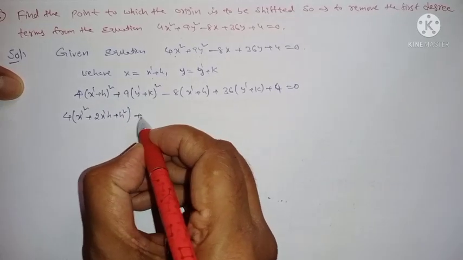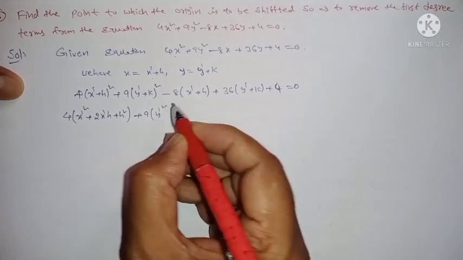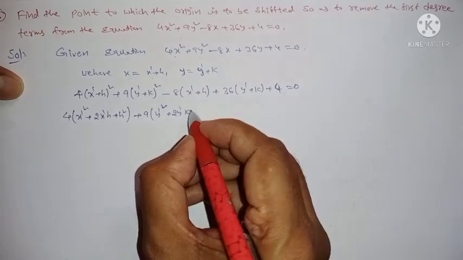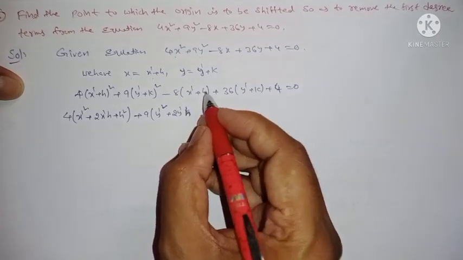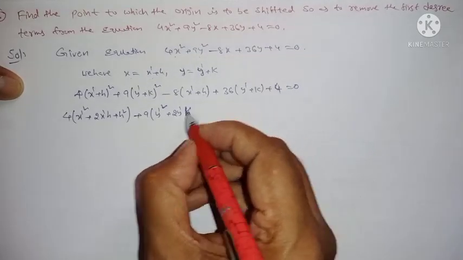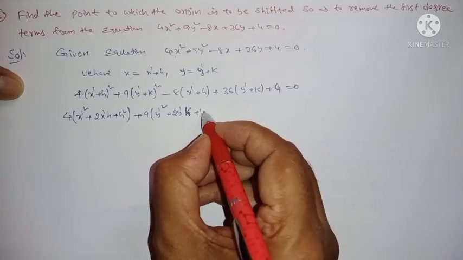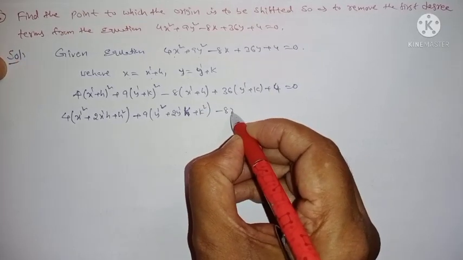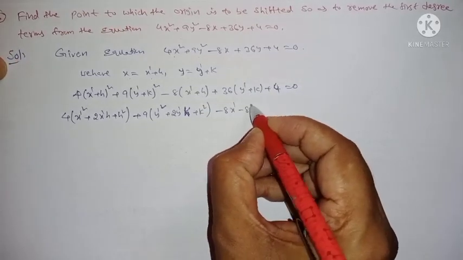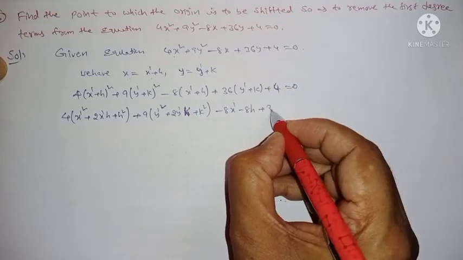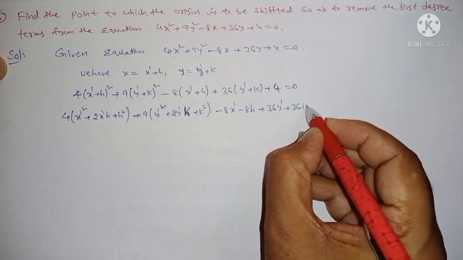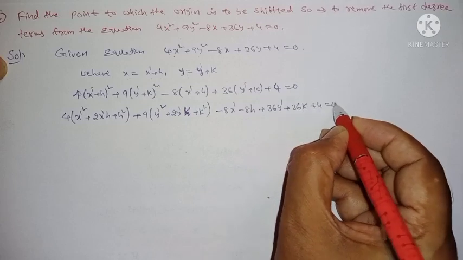And the second one is y dash whole square plus 2y dash k plus k square, and the third term is minus 8x dash minus 8h plus 36y dash plus 36k plus 4 is equal to 0.